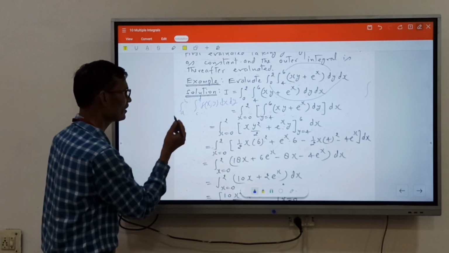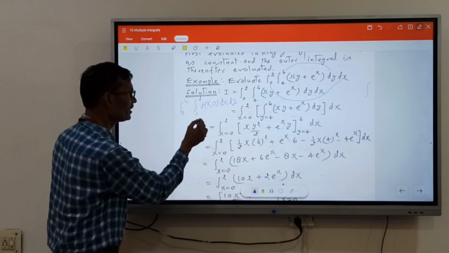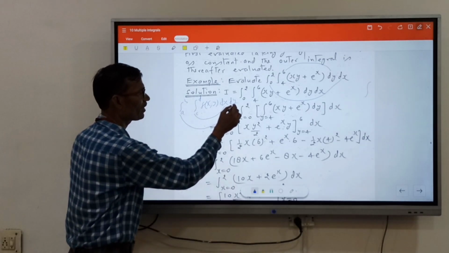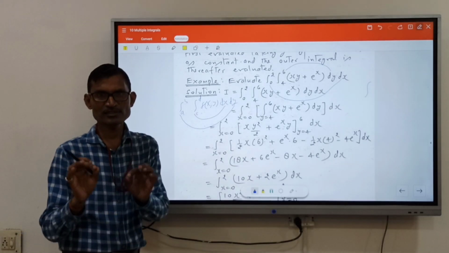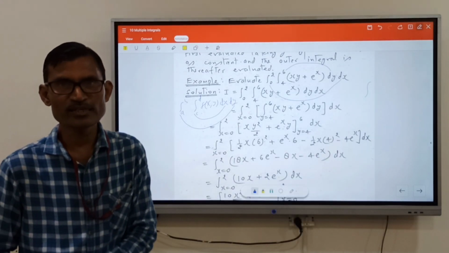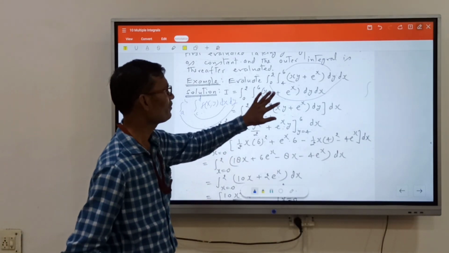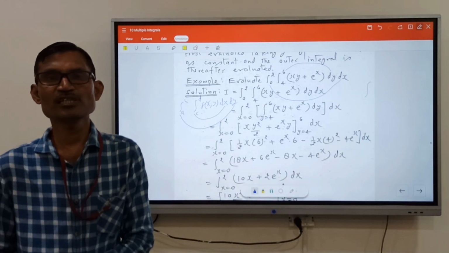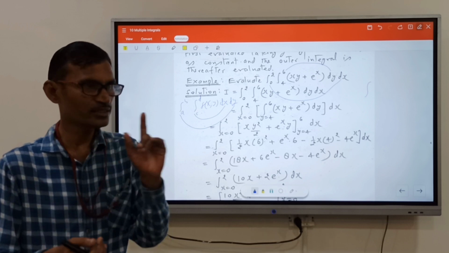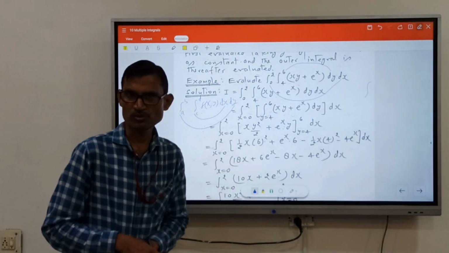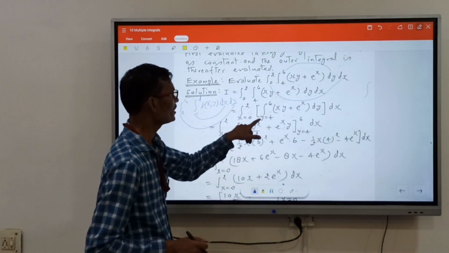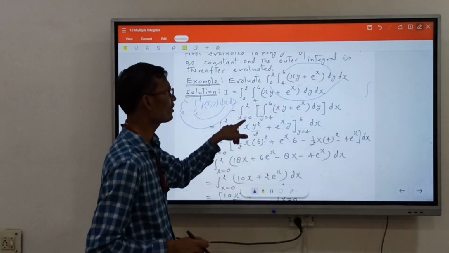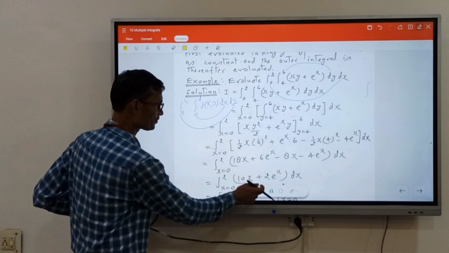Here the internal integral sign is for x and then the outer one is for y. This is a common rule we apply when all the limits are constant and it is not mentioned which limits are for which variable. In this situation we apply this common rule. It means that 4 and 6 are for y and 0 and 2 are for the variable x.